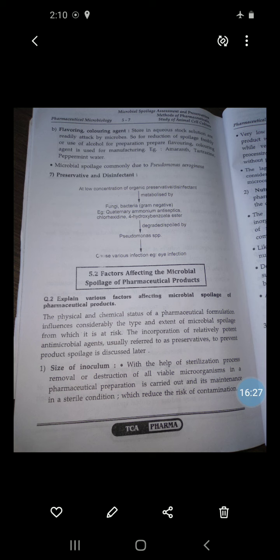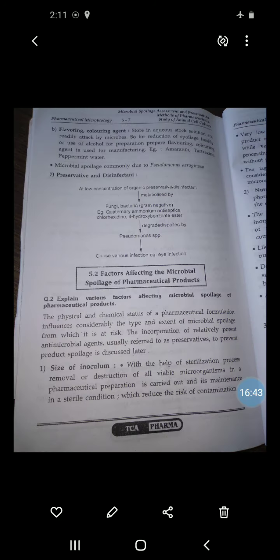Then last, preservative and disinfectant.